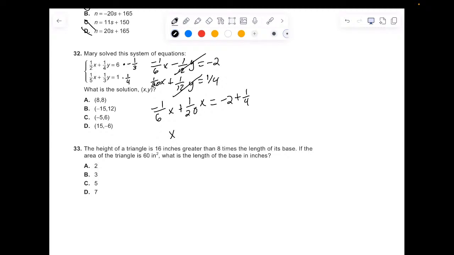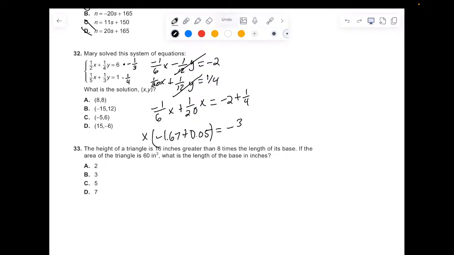Negative 1 divided by 6 is going to be negative 1.67 plus 1 divided by, oh my word, my calculator is not working, plus 0.05. X is equal to negative 3 over 4.